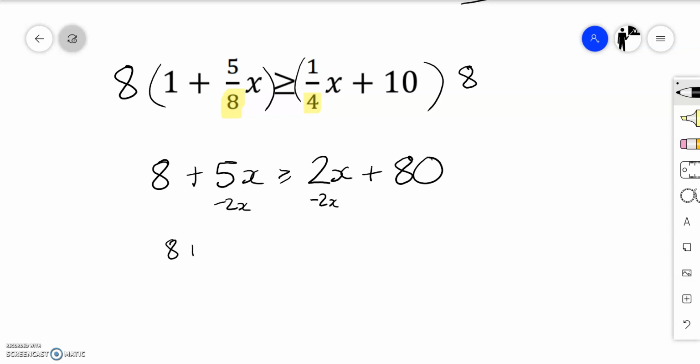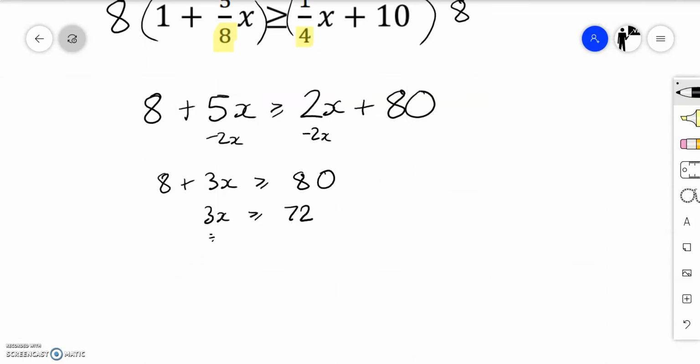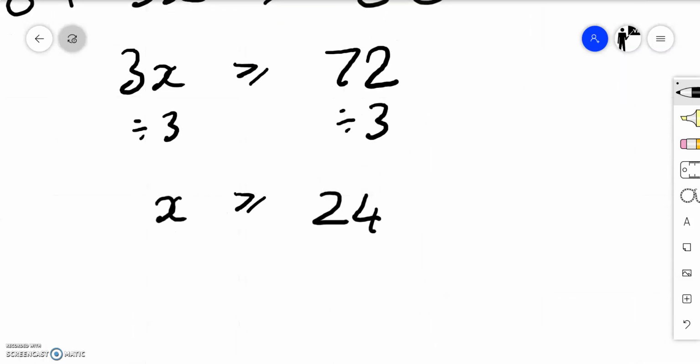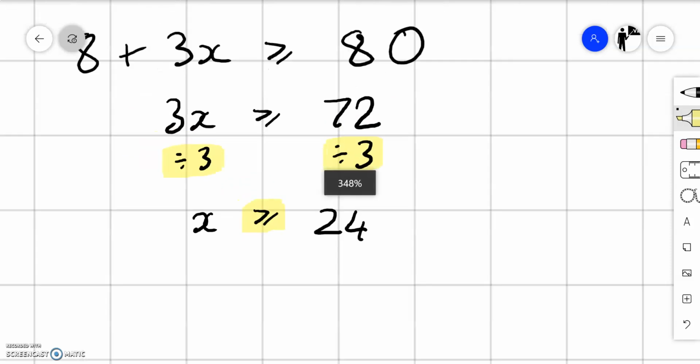So we're going to have 8 plus 3x is bigger than or equal to 80. Subtract 8 from both sides, 3x is bigger than or equal to 72. And if we divide through by 3, we're going to get x is greater than or equal to 24. Notice here the inequality did not switch direction because we did not divide by a negative. If we don't divide by a negative, it will stay the exact same.